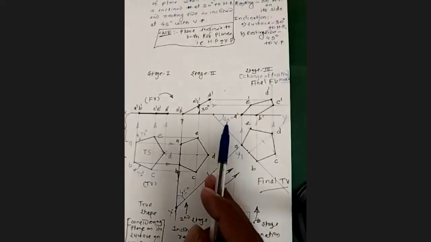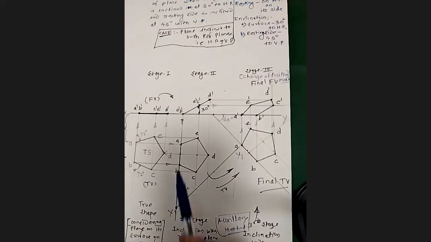What exactly have we done? Instead of taking this 45 degrees here, we have extended the side which is resting on HP, and taken the line at a certain point. This point might be here, but if you take this point and drop a 45-degree line, it will get mixed with the second stage top view.